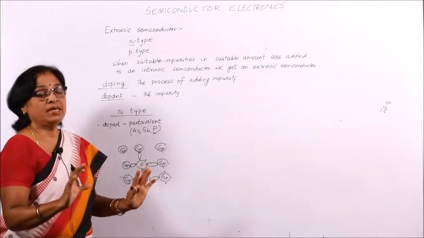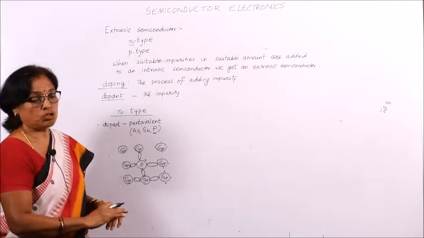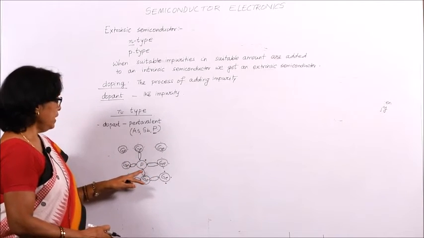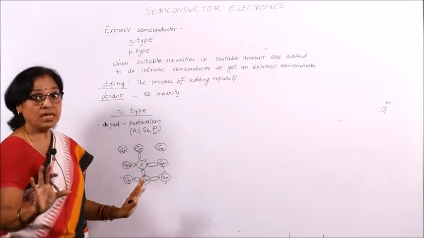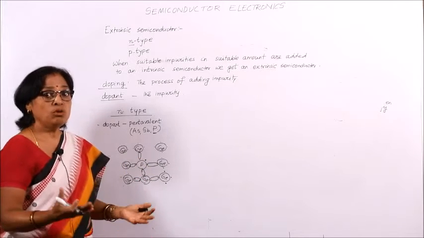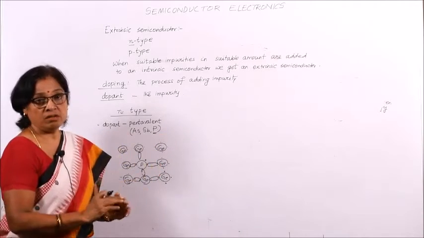The theory says that every atom will be satisfied if it has 8 electrons in the outermost orbit. Now by forming 4 covalent bonds, it has 1, 2, 3, 4, 5, 6, 7, 8, so 8 electrons it has already got. This is the 9th one, and naturally the 9th one will be unwanted. So the phosphorus atom wants to get rid of that electron.